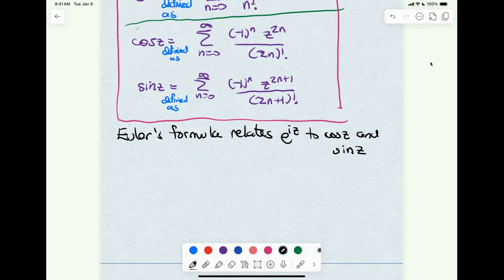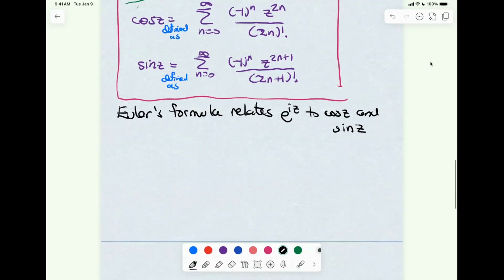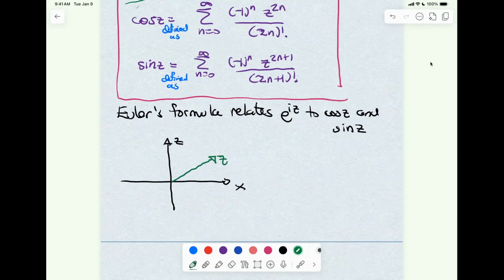Okay, so let's just think a little bit first about, if you have a complex number z, what is i times z? Let's say I have a complex number z, right?